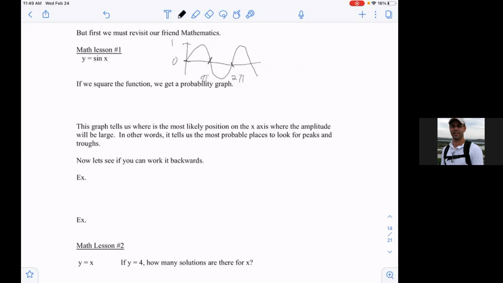Now, what happens when you square a number? Makes it bigger, right? But it also makes it positive. So when you square something, it makes all negative values positive.